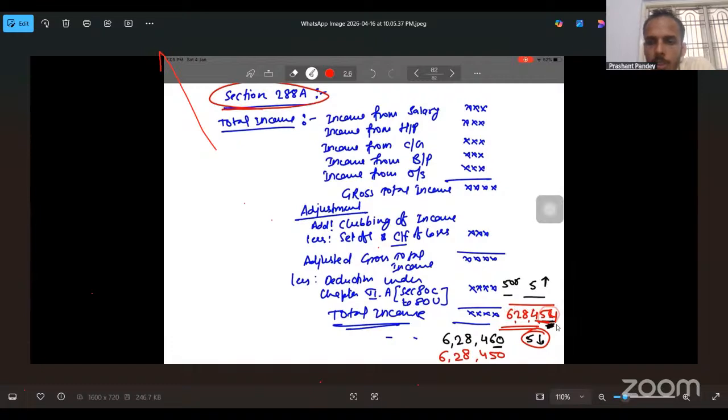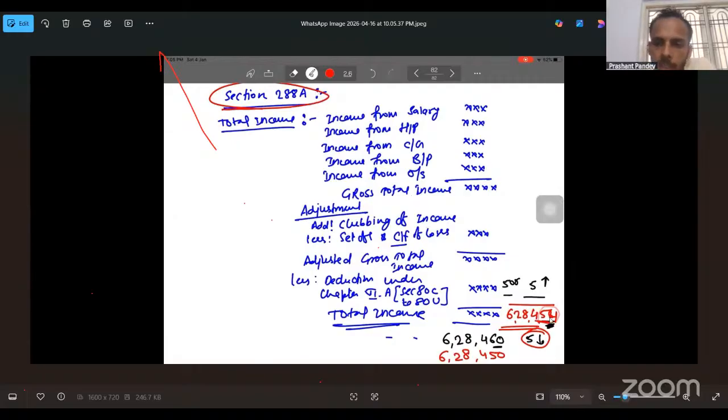Okay, so this is called rounding of total income, and this is basically for convenience, so that computation of tax liability becomes easier. That is the main motive behind rounding off, and this mechanism is there in section 288A.